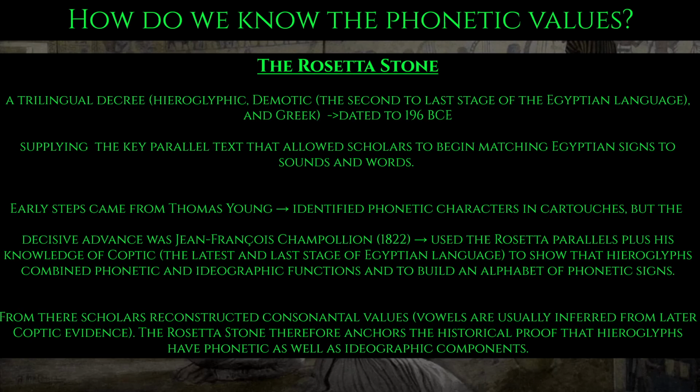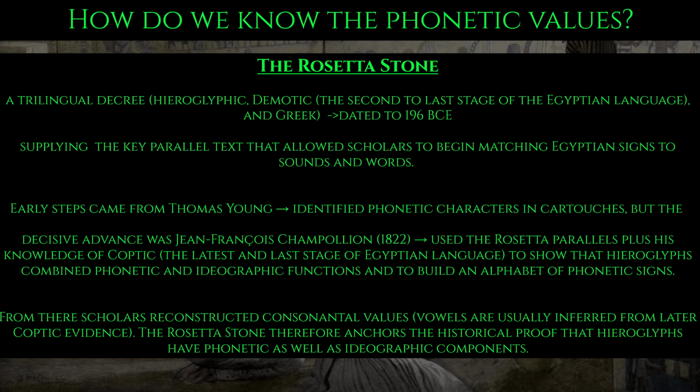Very briefly, early steps came from Thomas Young, who identified phonetic characters in cartouches. But the decisive advance was Jean-François Champollion, 1822, who used the Rosetta parallels plus his knowledge in Coptic, which is the latest and last stage of Egyptian language, to show that hieroglyphs combined phonetic and ideographic functions, and to build an alphabet of phonetic signs.